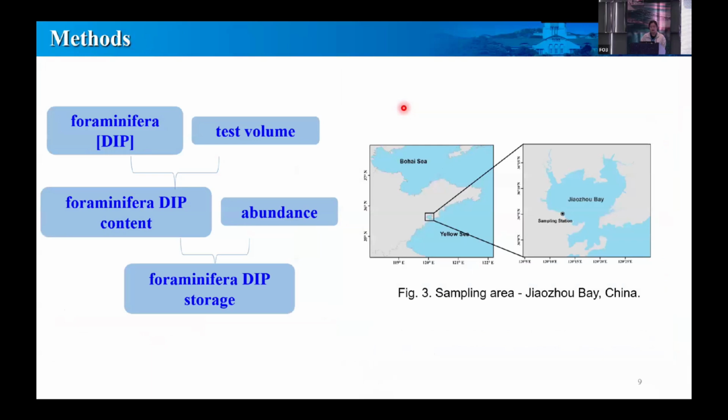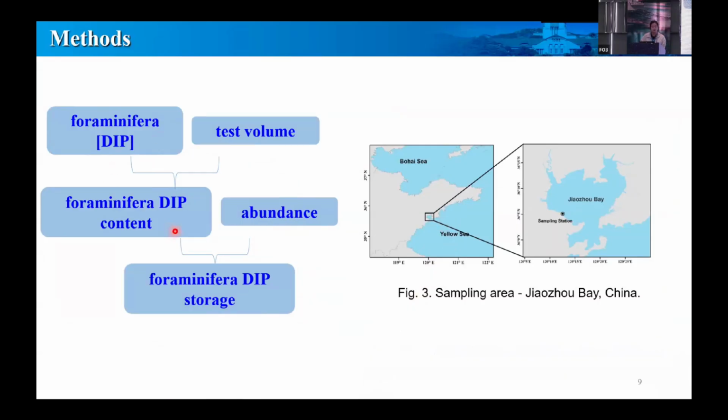So our first goal is to acquire the foraminifera DIP storage. So we need to know the foraminifera DIP concentration, their test volume, and the abundance. The sediment samples were taken from the intertidal zone of Jiaozhou Bay, China, and we divided them into 3 subsamples.